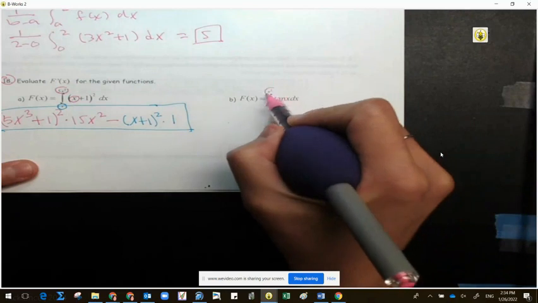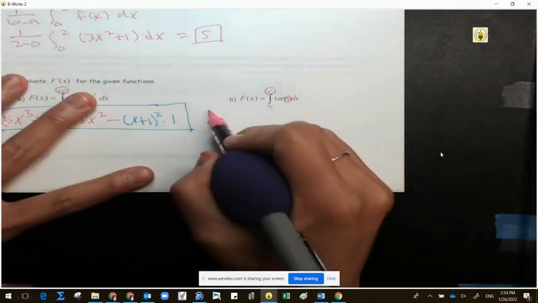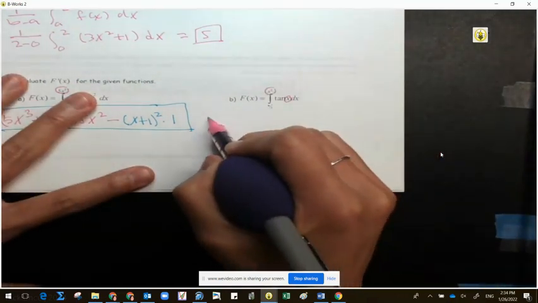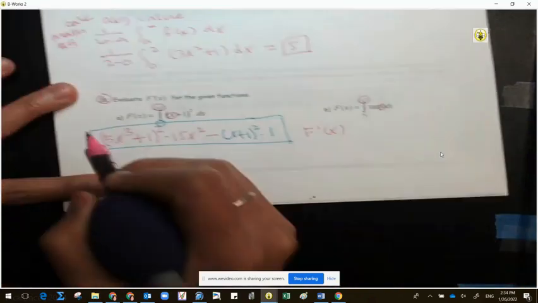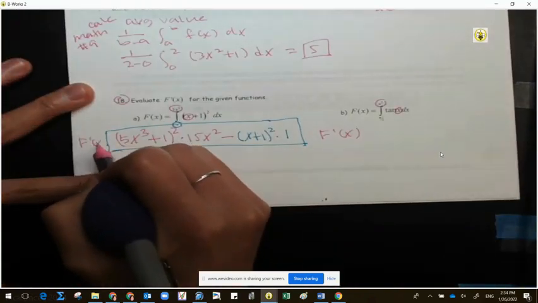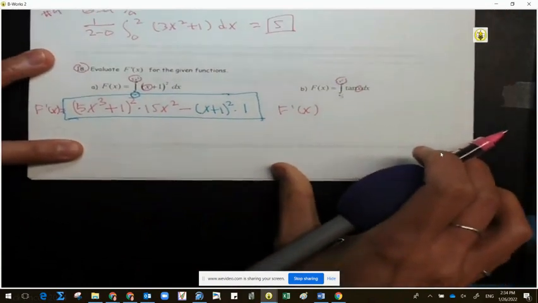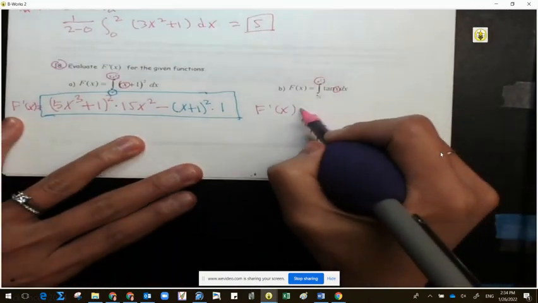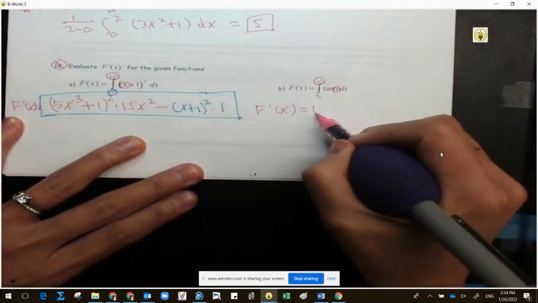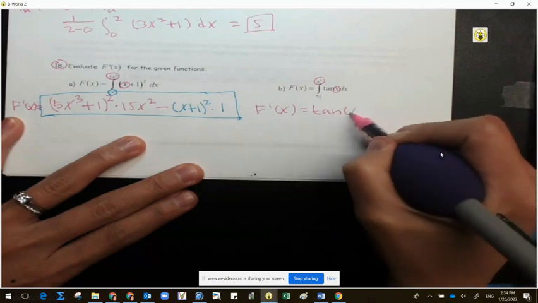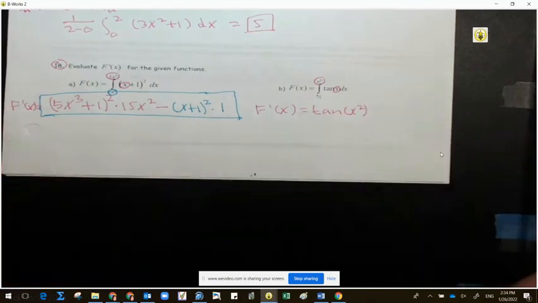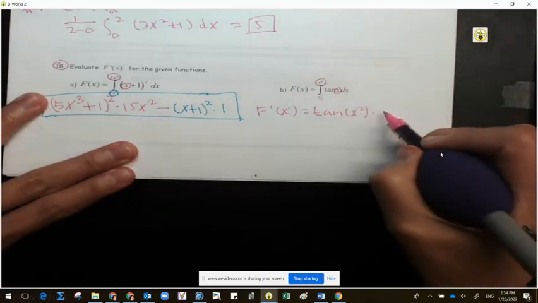Let's go ahead and plug in the upper bound into that variable. So we have, I should have written F prime of x. Oopsie. The capital F prime of x. I like to forget that. Not a good practice. All right. So for this one, we have tangent of the upper bound, x squared. Now I plugged everything in, so now I need to find the derivative of the upper bound.